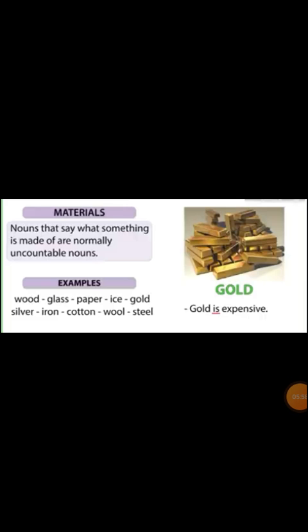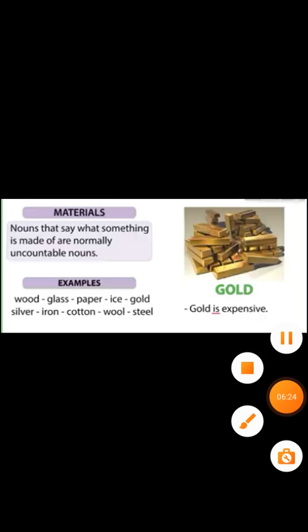Nouns that say what something is made of are normally uncountable nouns. Examples: wood, glass, paper, ice, gold, silver, iron, cotton, wool, steel, etc. So we say gold is expensive. Here we use a singular verb.